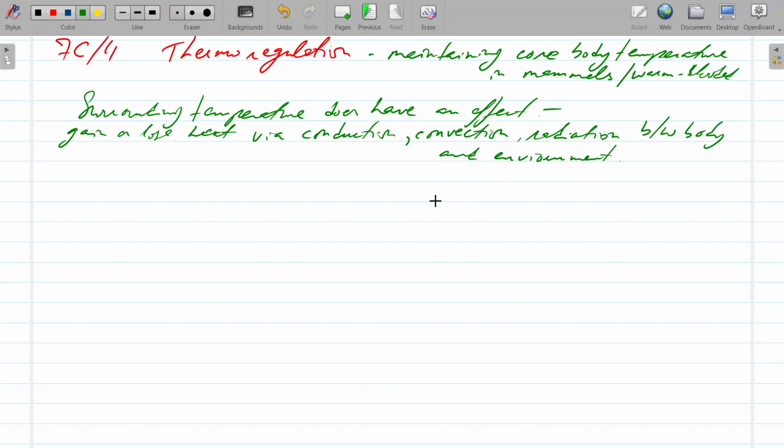So they've given a number of points in the book. I'll just list them over here. Organisms warm up as a byproduct of metabolism.